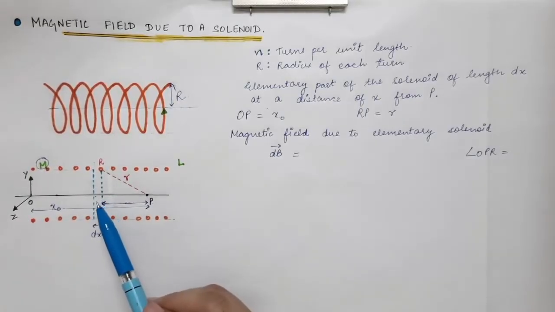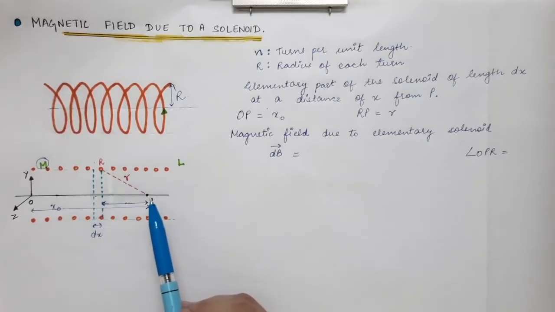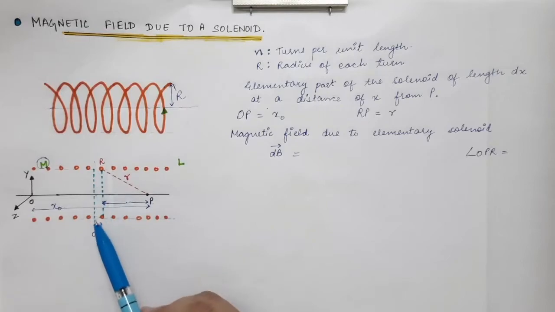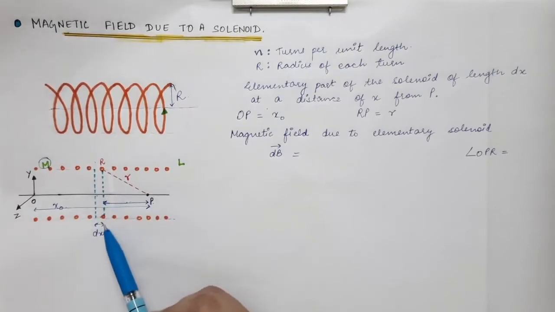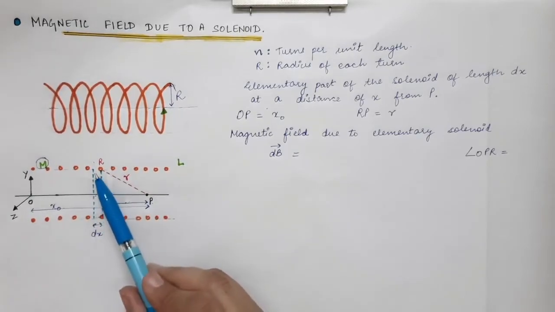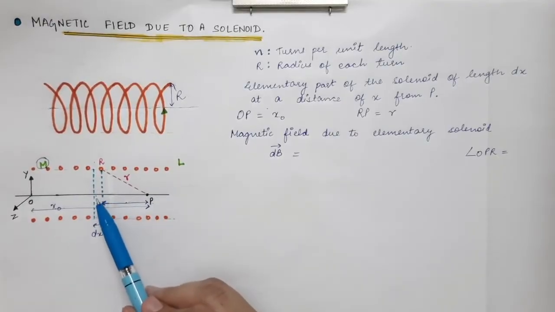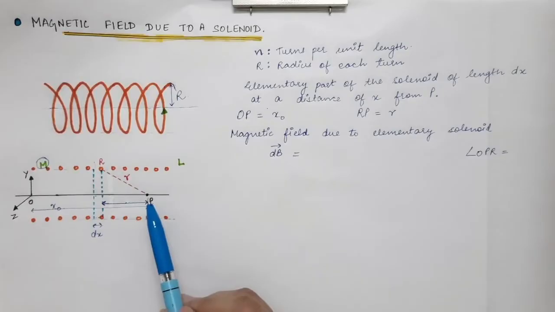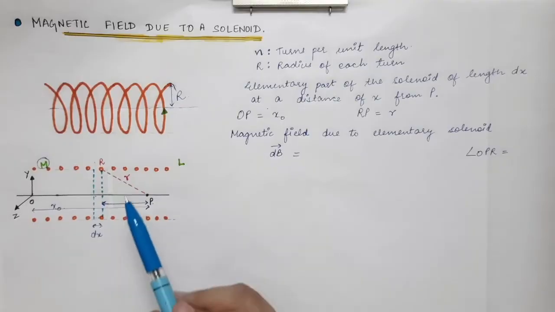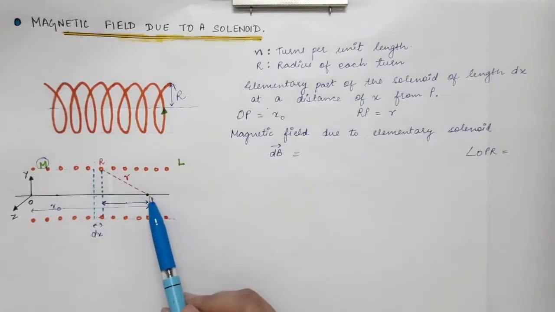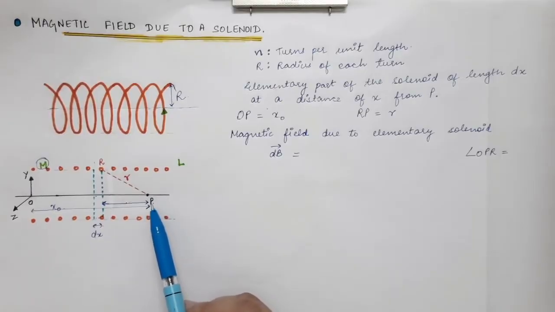First of all, you will find the expression of magnetic field at this point P due to this elementary part of the solenoid. Whatever the number of turns present in this part, corresponding to those turns, we will find the magnetic field at this point P, and then we will integrate over the whole solenoid. That will give us the total magnetic field, the net expression of magnetic field at this point on the axis of the solenoid.